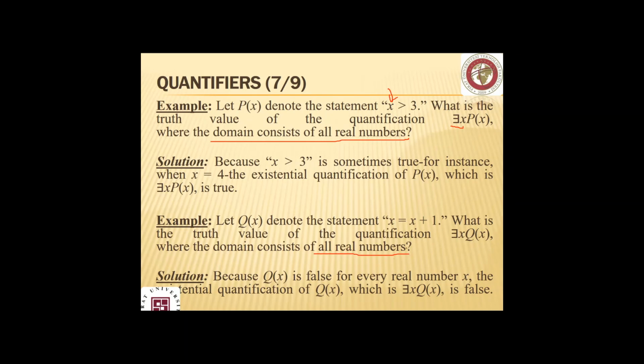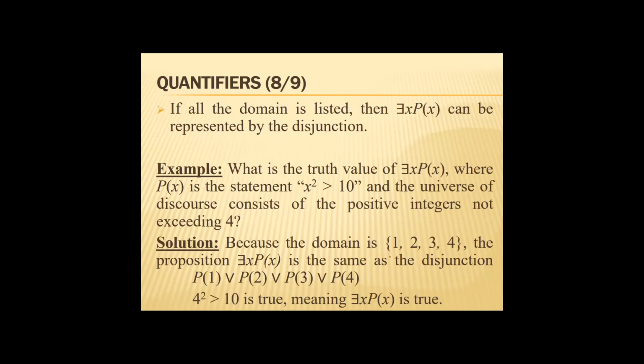We speak about real numbers. It's not possible. You can't get a value for x that equals itself plus 1. That's not possible mathematically in real numbers. And in this case, this is false. Whatever you try in the real numbers, you'll never get any value. All right.